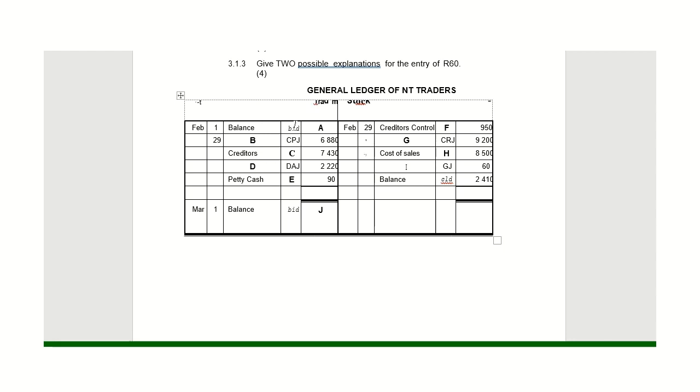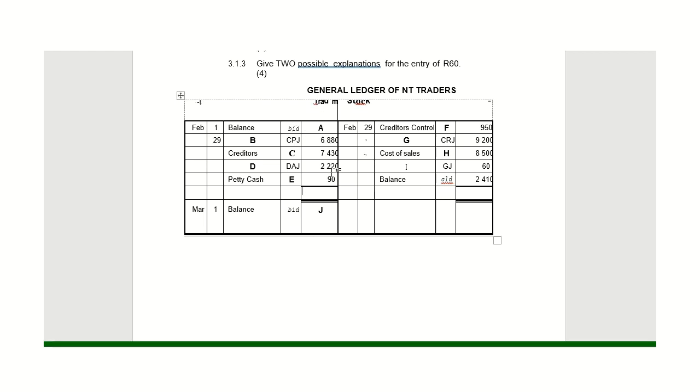So the first thing is the opening balance brought down from last month, but it hasn't got an amount. Now how any general ledger account works: whatever the total of everything above the double lines on the one side should equal the total of everything above the double lines on the opposite side. So if I add up all of this, it must give me the total there.